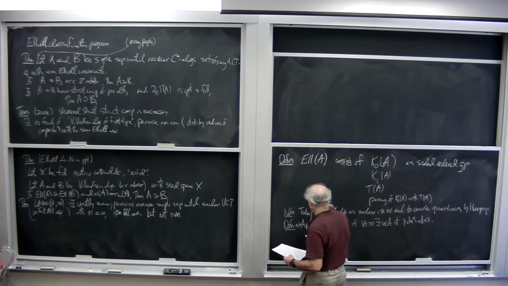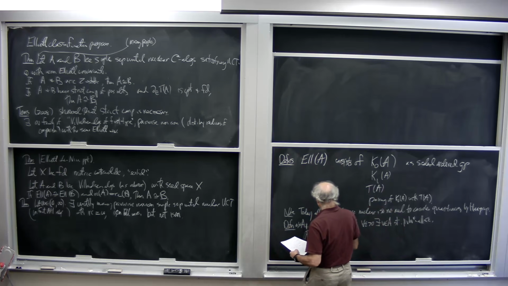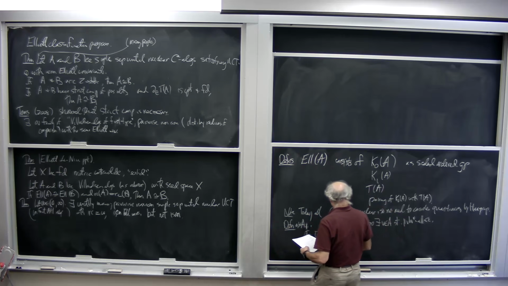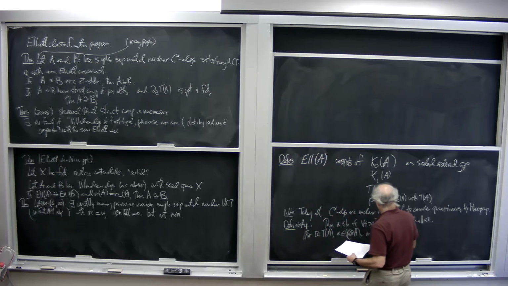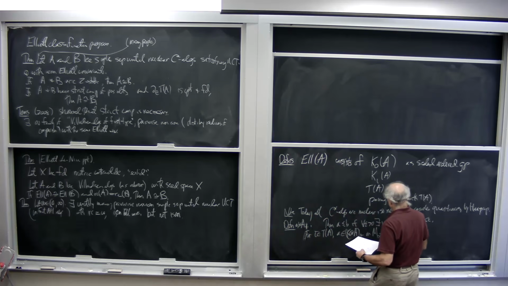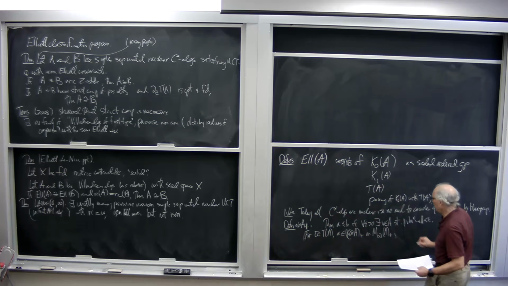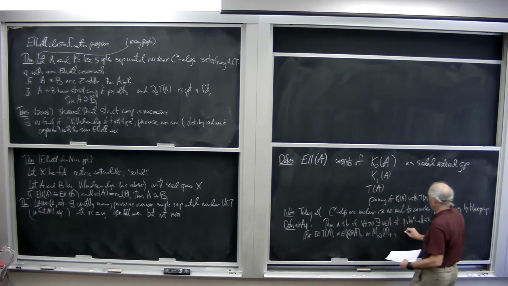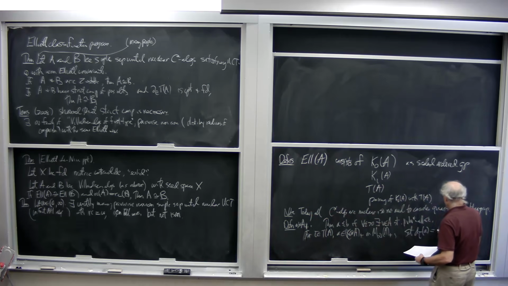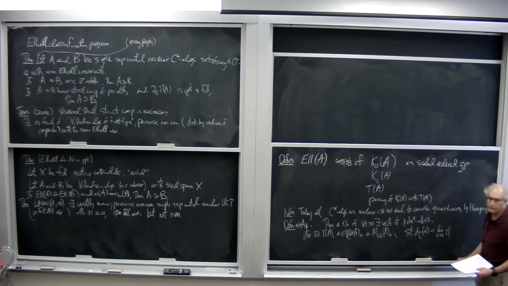And then for tau in T of A, and a will now be in, let's say, K tensor A, positive part, or I guess here it doesn't really matter. We'll extend tau in the usual way to these things. d tau of a equals the limit as n goes to infinity of tau of a to the 1 over n.